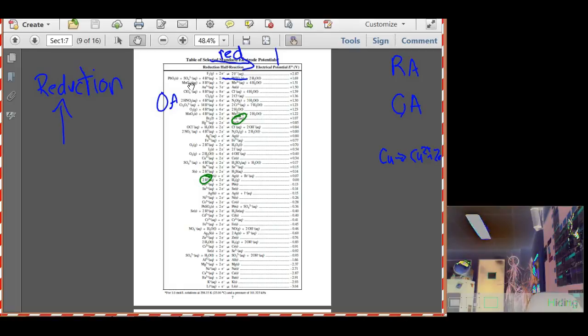What do you notice about the position of the OA and the RA? The oxidizing agent is lower. It's not spontaneous.